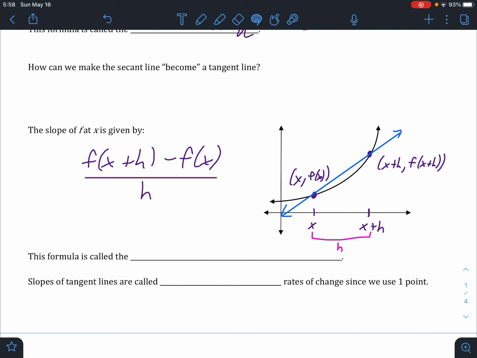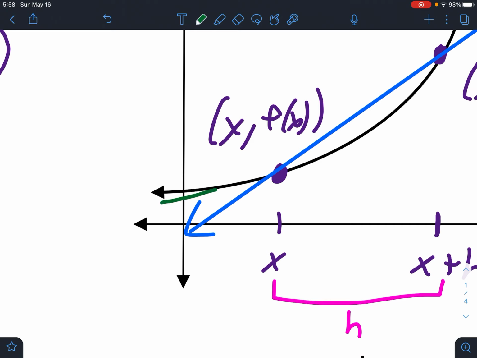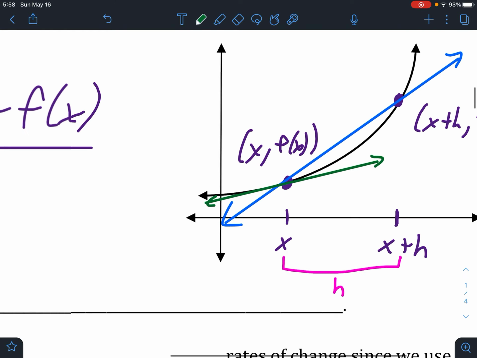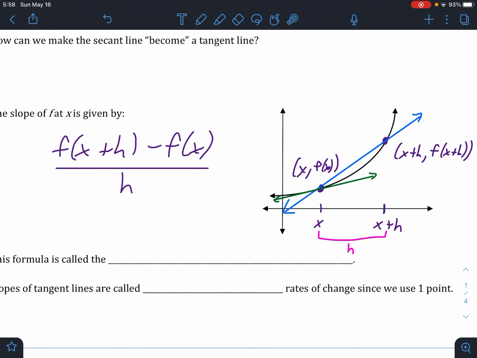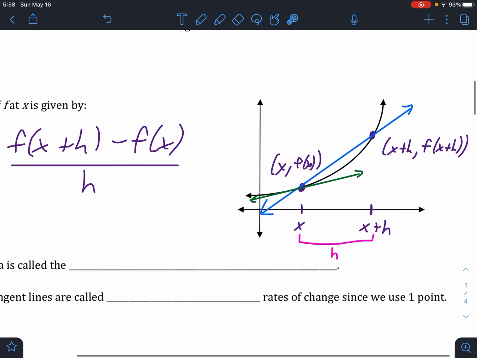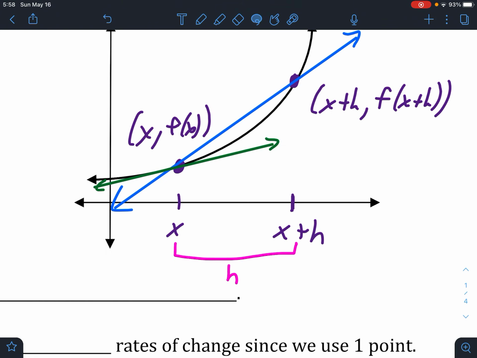We want the slope of this tangent line. So how do we turn that secant line into a tangent line? Well, what we want to do is we want to make h get smaller and smaller and smaller. So let's say we moved it right here.